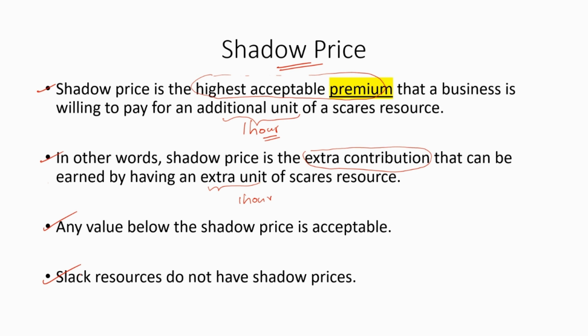The resources which are binding constraints or scarce resources will only have the shadow price because availability of those resources will be limited. In order to obtain an extra unit, the company has to pay a premium amount. So, slack resources do not have shadow prices. Only the binding constraints or the scarce resources have shadow prices.